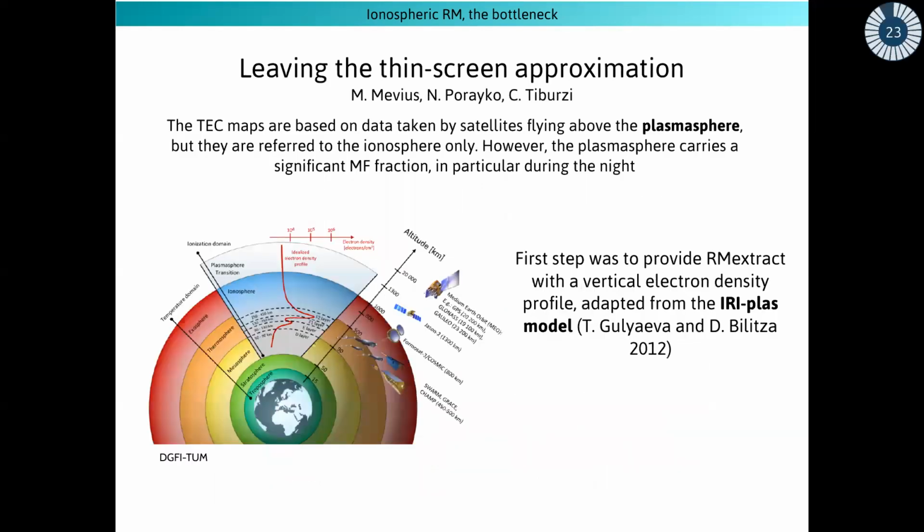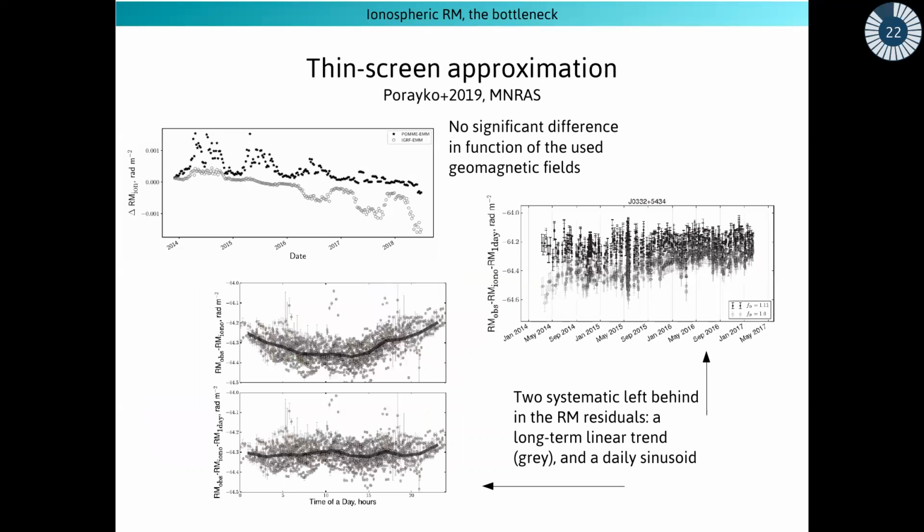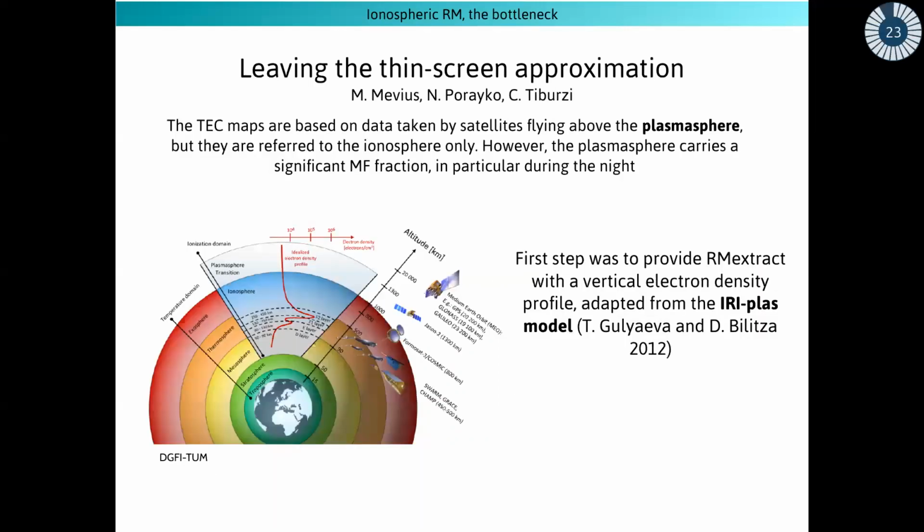So recently we have been working quite intensely with Mike Mevius and Natalia Porayko to substitute one of the main assumptions of the software that we had used in Porayko et al. 2019. That is the thin screen approximation. That is, in RM extract, the ionosphere is approximated as a thin screen, and we know that, of course, this is not correct.